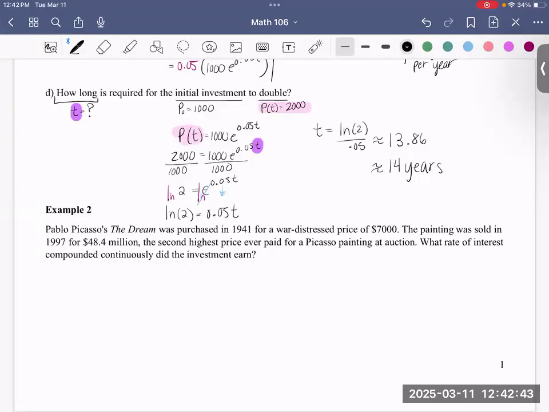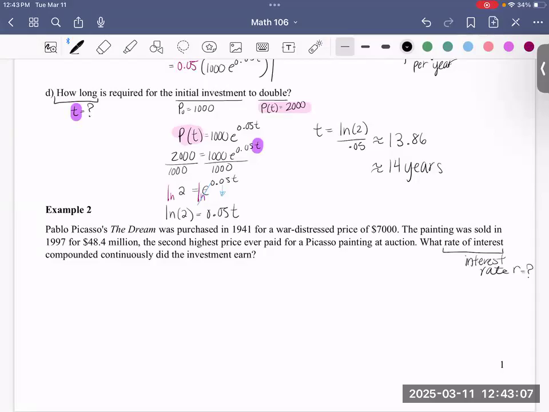So we want to know not so much the rate as in the derivative, but more so the rate of your interest rate. So this is just referring to the interest rate r.